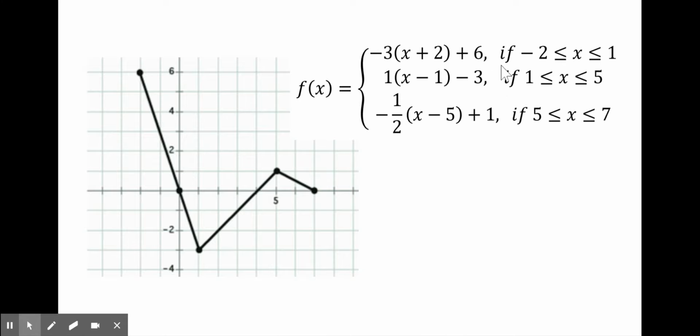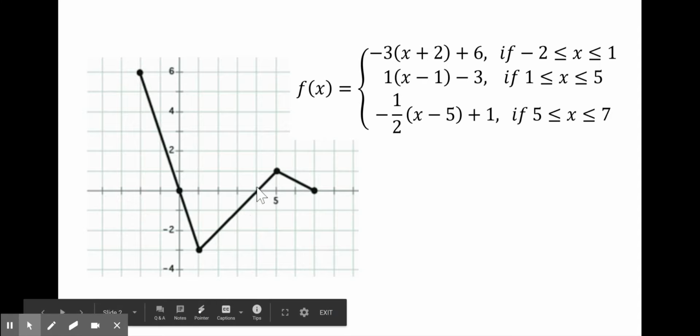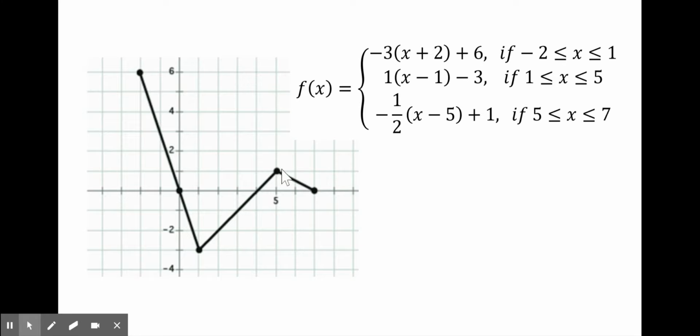We can also substitute the final x value in to the first expression or the previous expression to find out what the y value will equal. Because at each transition point, the x and y values work for both equations.